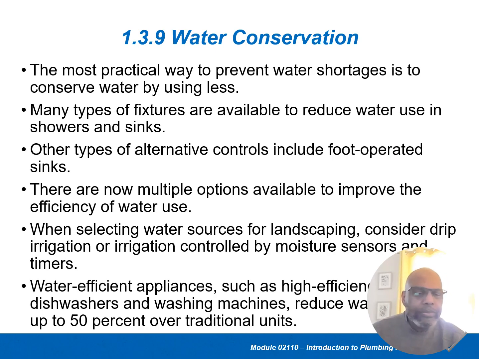Water conservation. Most practical ways to prevent water shortage is to conserve water by using less. Many types of fixtures are available to reduce water use in showers and sinks, and by putting some type of restrictor in the faucet to restrict how much water comes out.